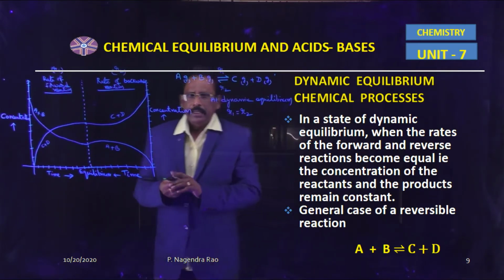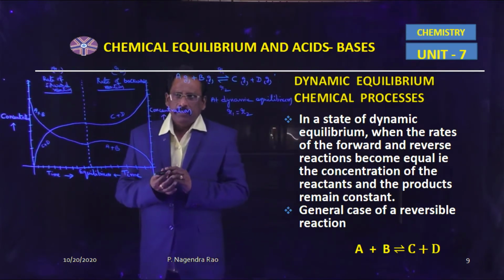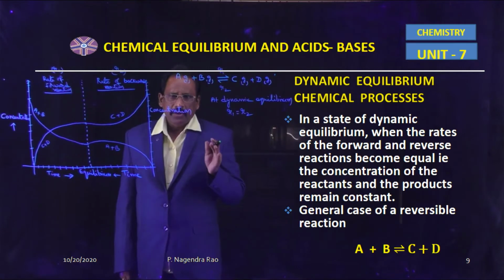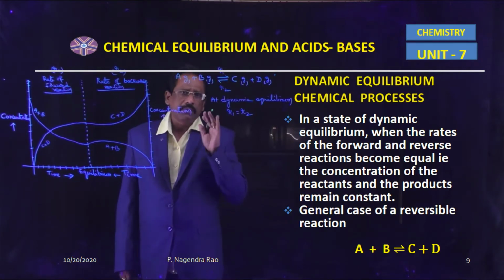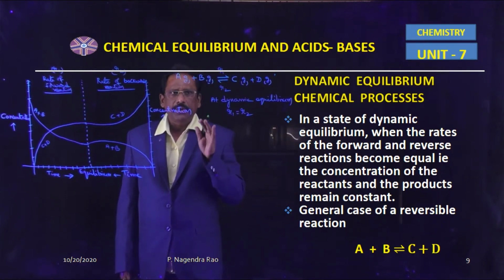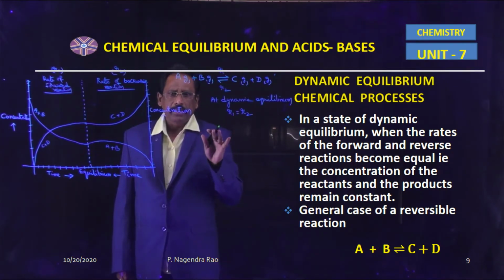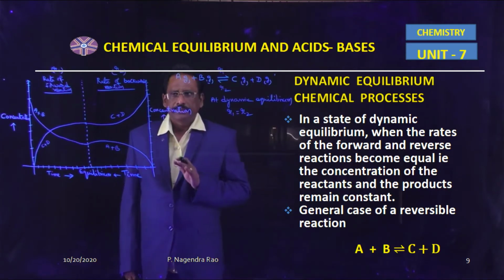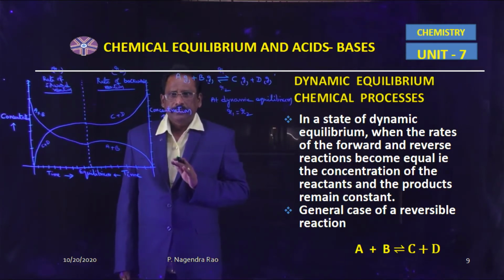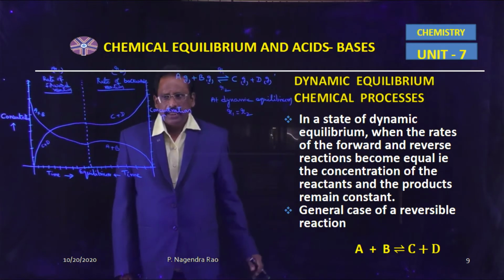So the dynamic equilibrium process is observed both in physical phenomena and chemical phenomena. But the condition is the system should be in a closed condition. That is the main point here.